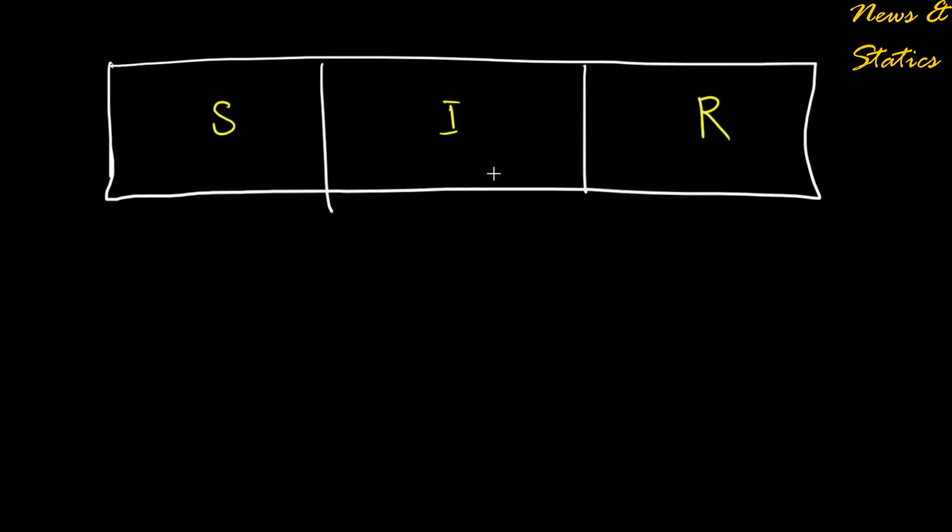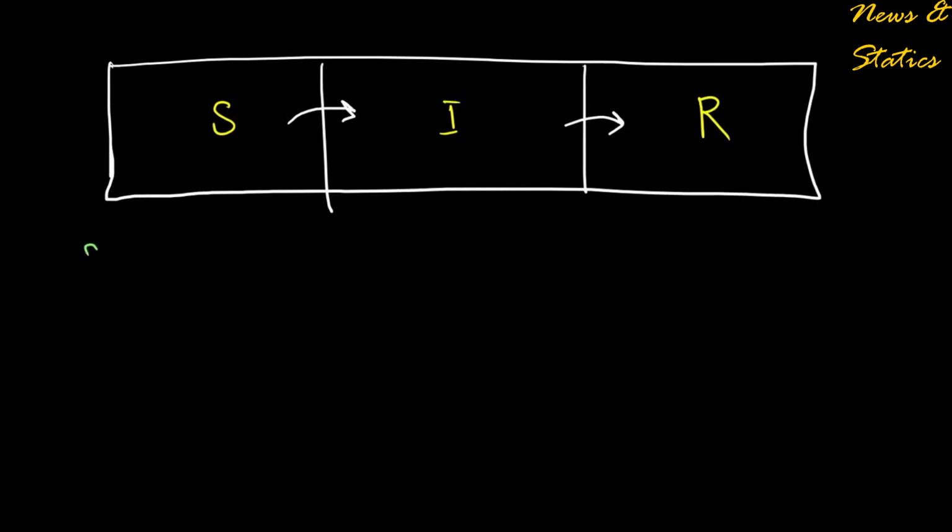So this is the SIR model, and there's a constant mobility. That means initially, more or less the whole population is susceptible, and only one or two people are infectious, and then the susceptible people go into the infectious category, and some of them also recover. So this is the basic model.